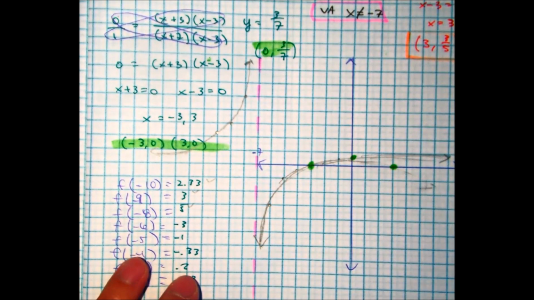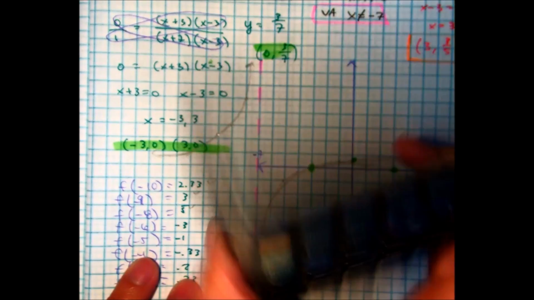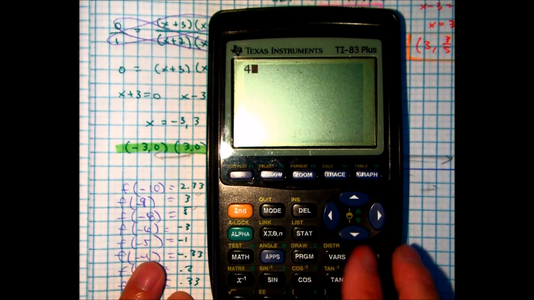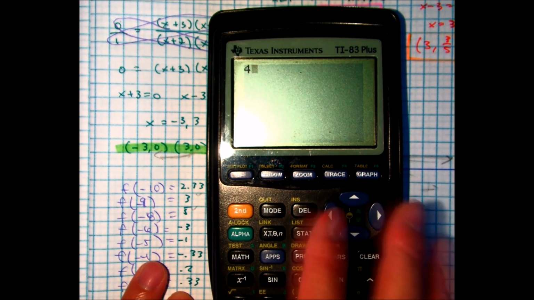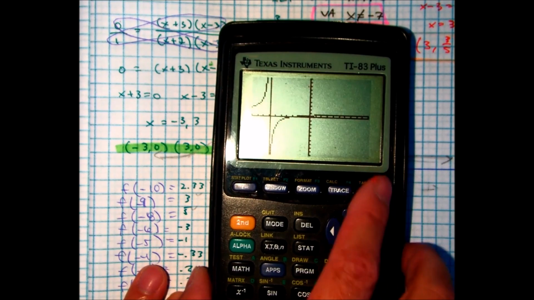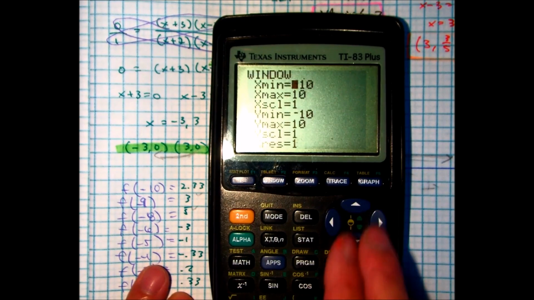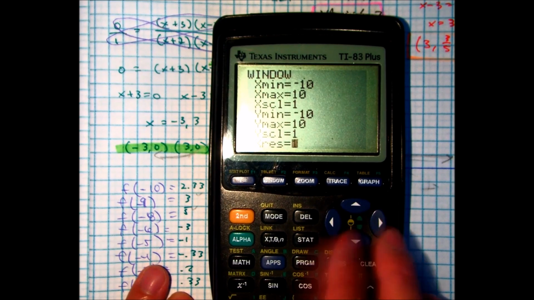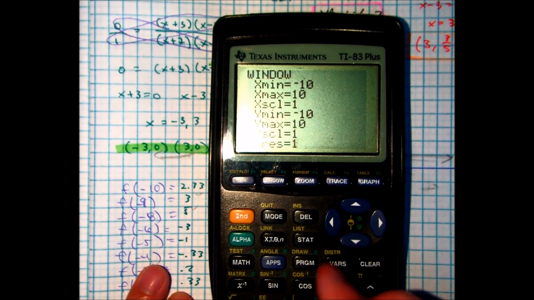And I finally figured out another calculator tool. If you go to Window, so I accidentally went for my graph, so you press Window, and where it says X res, I don't know what that means, you can put two numbers there, 1 or 2.